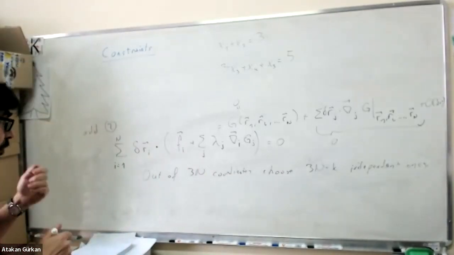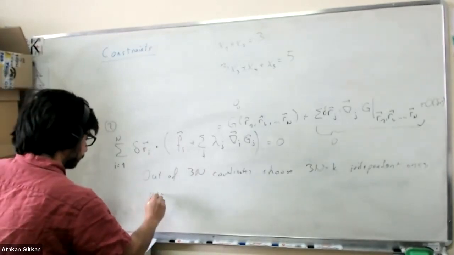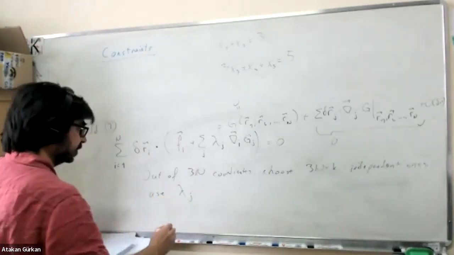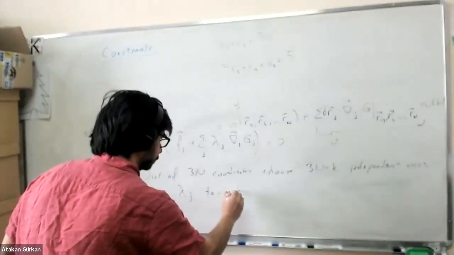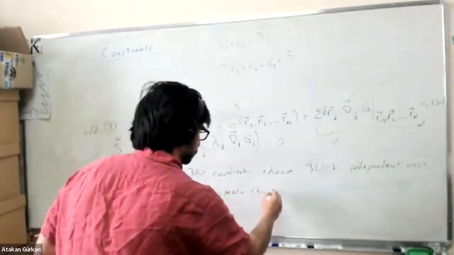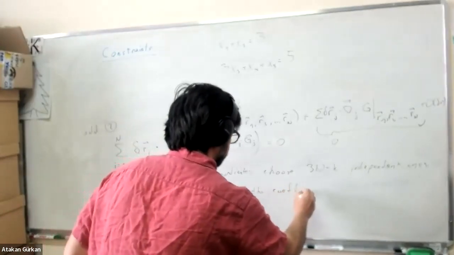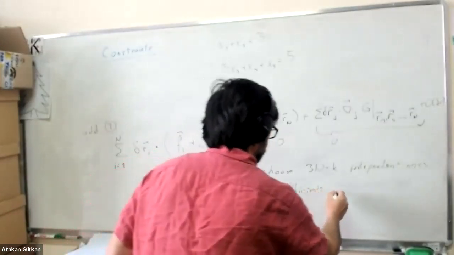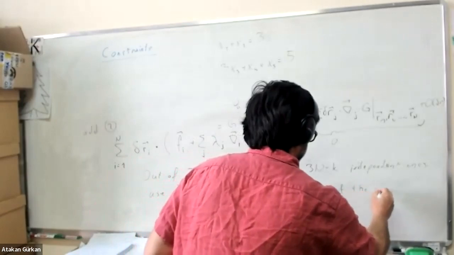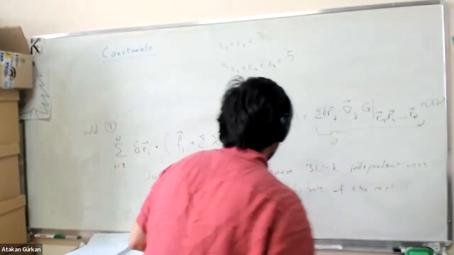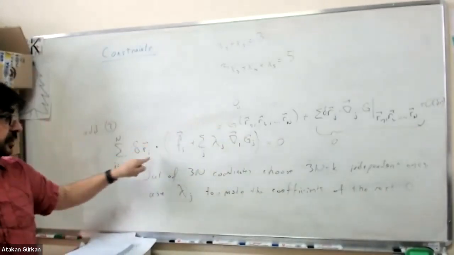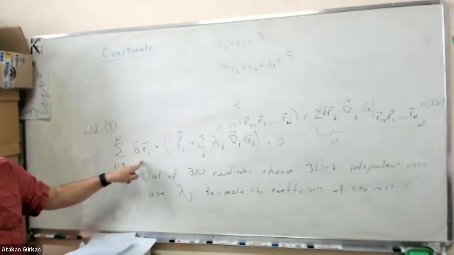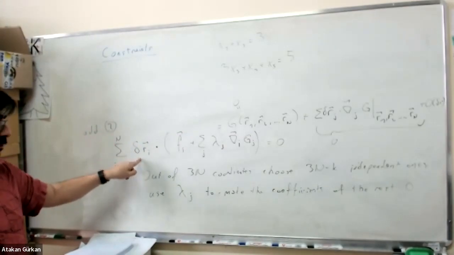So use lambda j. We are going to use these. So these are just the coefficients of these coordinates, or like the displacement of the coordinates.